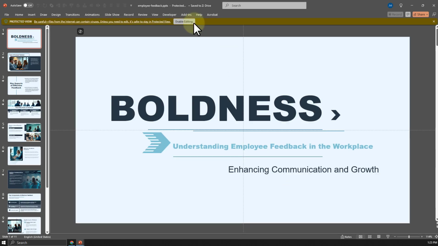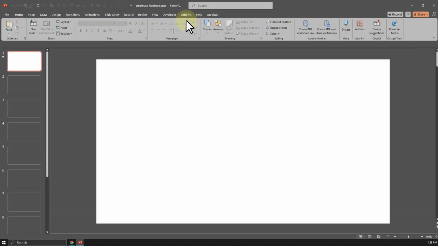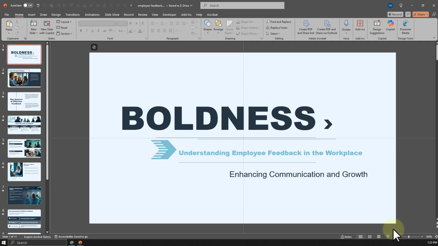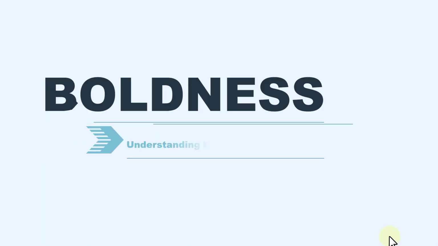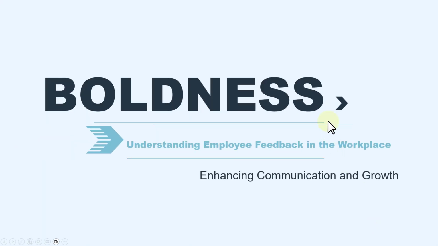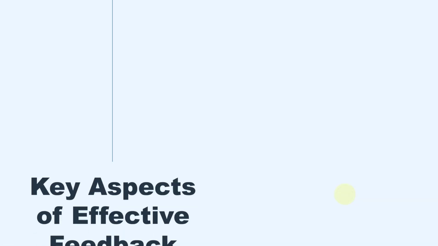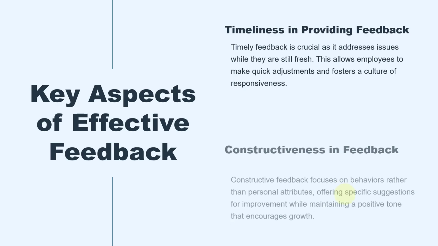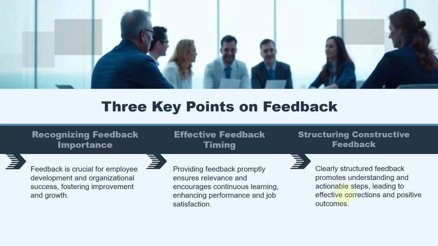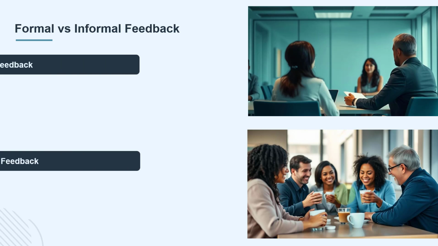And then I'm going to click Enable Editing inside PowerPoint, and I'm going to play the slideshow, and you can see that I got all my slides ready to roll here.